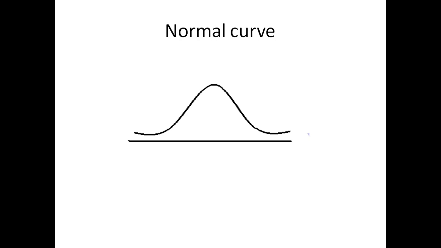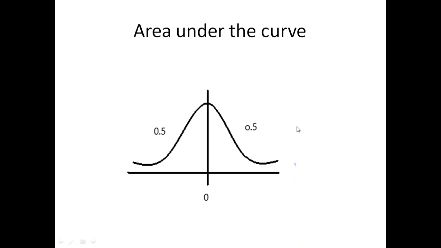The normal distribution has this bell shape, which is symmetric. When it is converted into the standard normal distribution, its mean is always in the center, equal to 0, and the total area under the curve is always equal to 1.